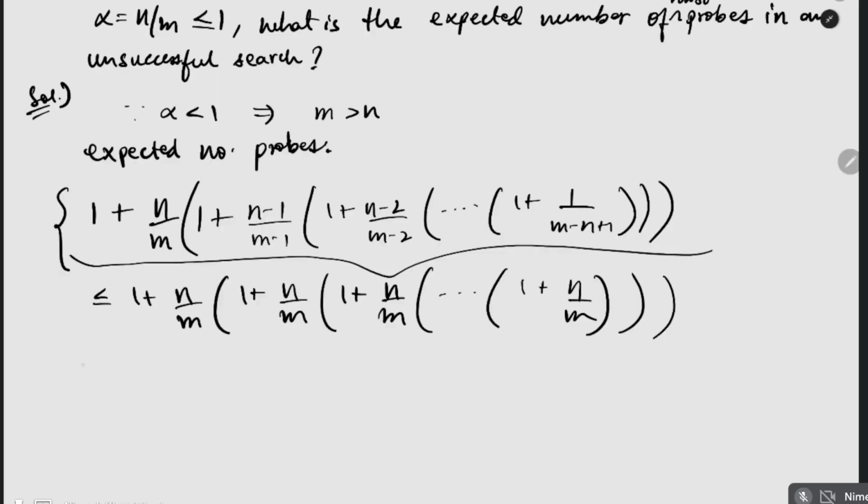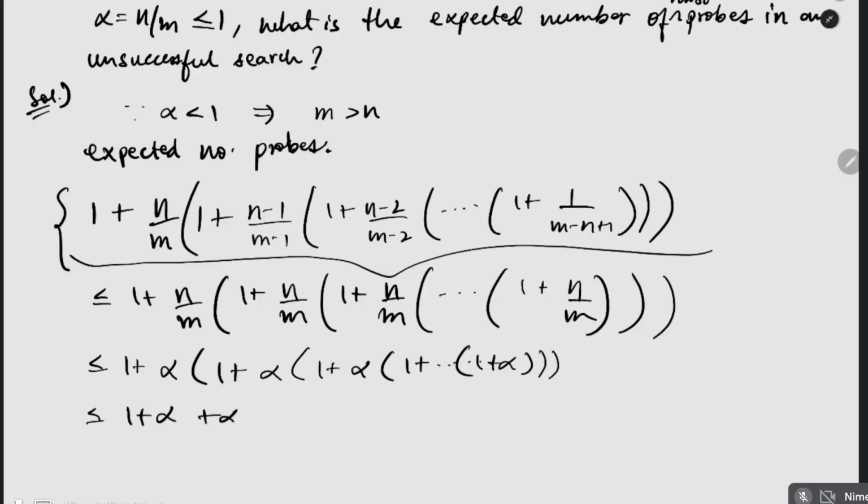Okay, so now n over m, we have defined it as alpha, right? So 1 plus alpha times (1 plus alpha times (1 plus alpha, and so on. So this is 1 plus alpha plus alpha squared plus alpha cubed, up to alpha to the power of whatever, up to infinity, right?